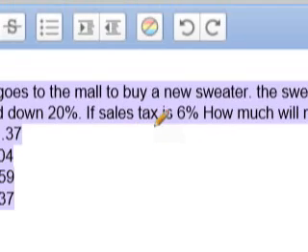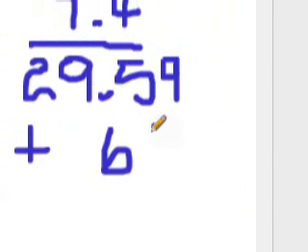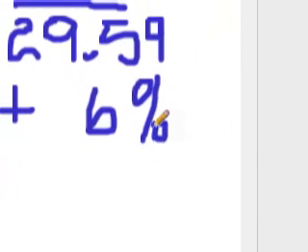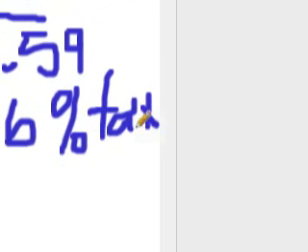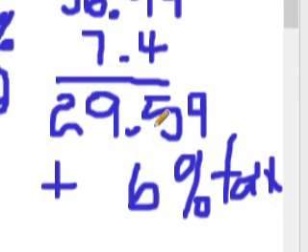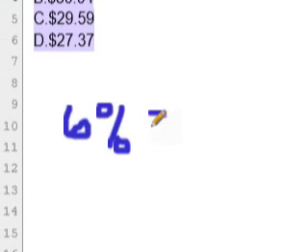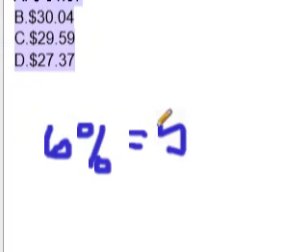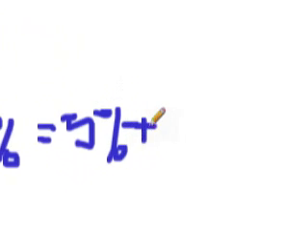They say the sales tax is 6%, so I need to add 6%, which is the tax, of this value to get the final result. 6% is a combination of 5% plus 1%.